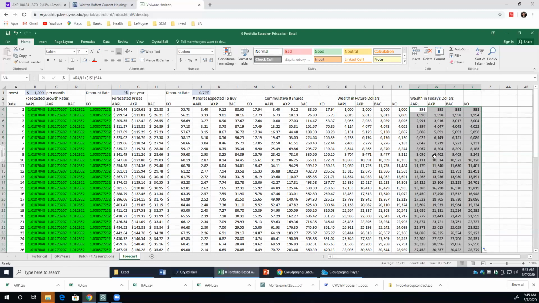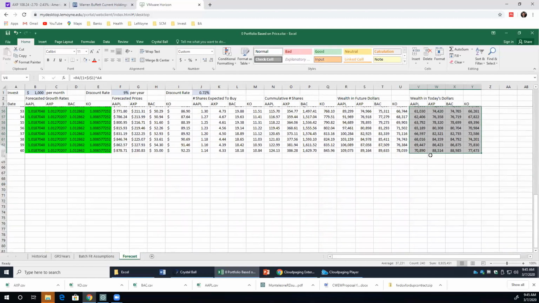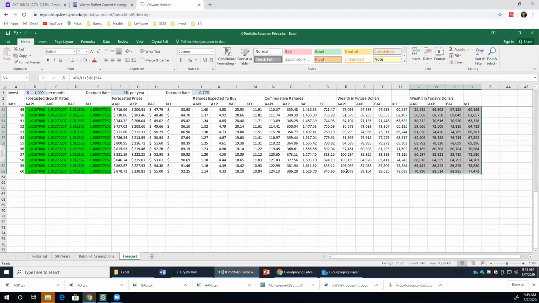So you can see that my wealth at the end of 5 years, actually, if I invest all my money into Apple, is not $109,000, it is $70,809. What does it mean? So obviously, 5 years from now, on average, I expect to get $109,000 if I invest all my $1,000 monthly investments into Apple, which is 60 grand of investments overall.